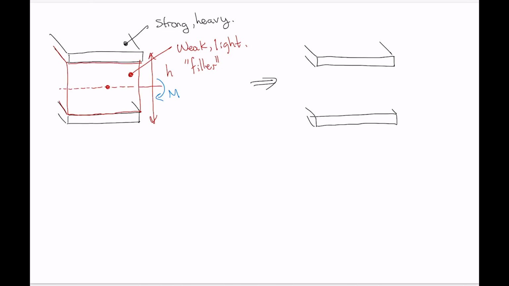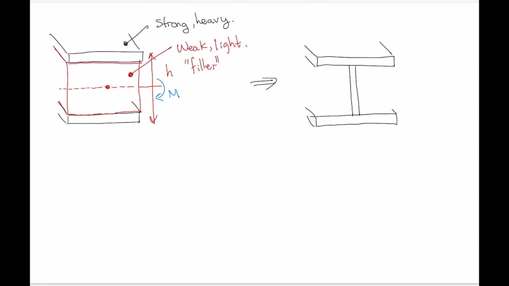So if that filler material was to be the stronger material, then it could be much smaller and do the same mechanical job. So we'd replace it by a piece of material that looks like this.